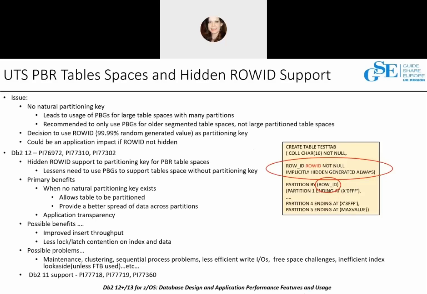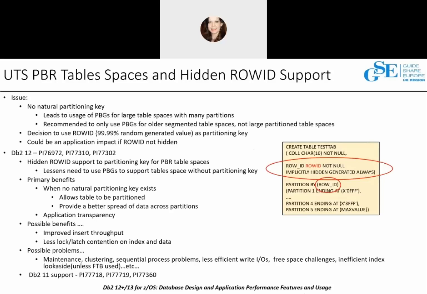But one thing that came out in version 12 through, again, some APARs, is the ability to have a hidden row ID. Now you can use this hidden row ID as a key, and so that would allow you to move to a partition by range table space and have a key to support your range partitioning.